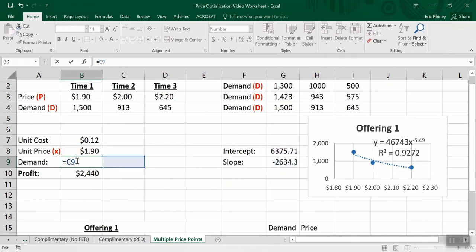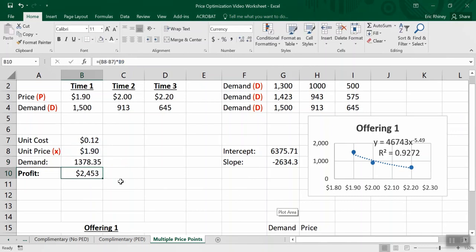All right, so going back here, what we're going to do is put in 46743 times the price, which in this case is $1.90 for now, and then we're going to do a caret, which gives us our power, and we're going to raise this to negative 5.49.